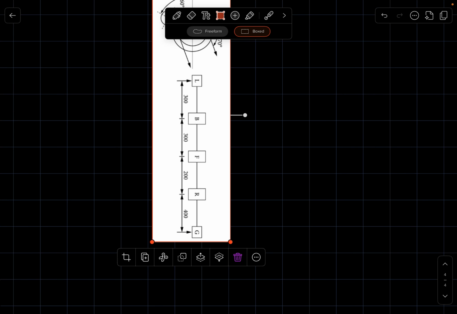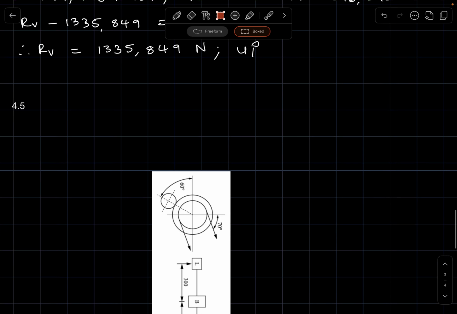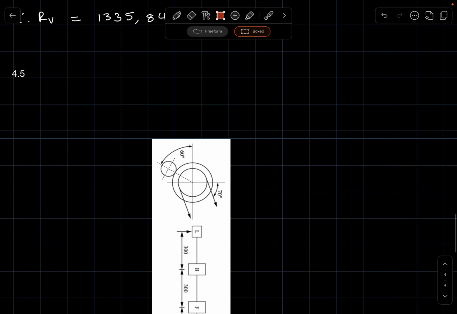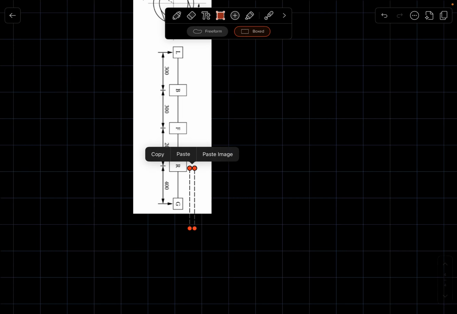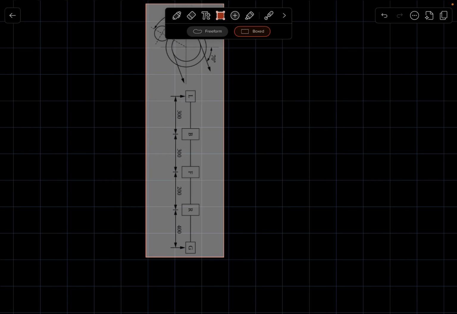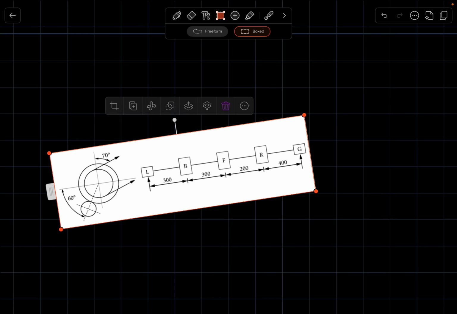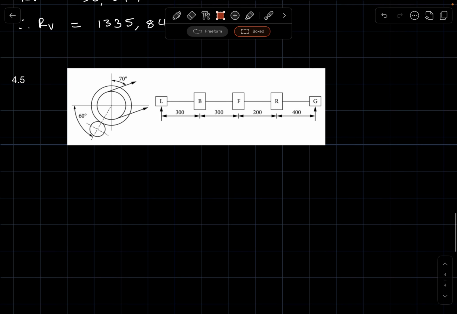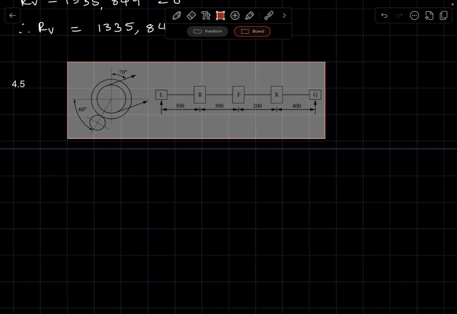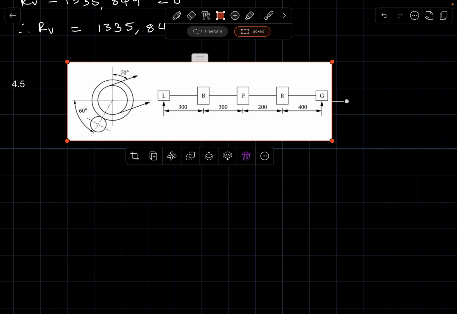But what I'm going to do is to draw the beam horizontal, to show you the easiest way of doing this without having to draw the beam vertically, which essentially we never do.